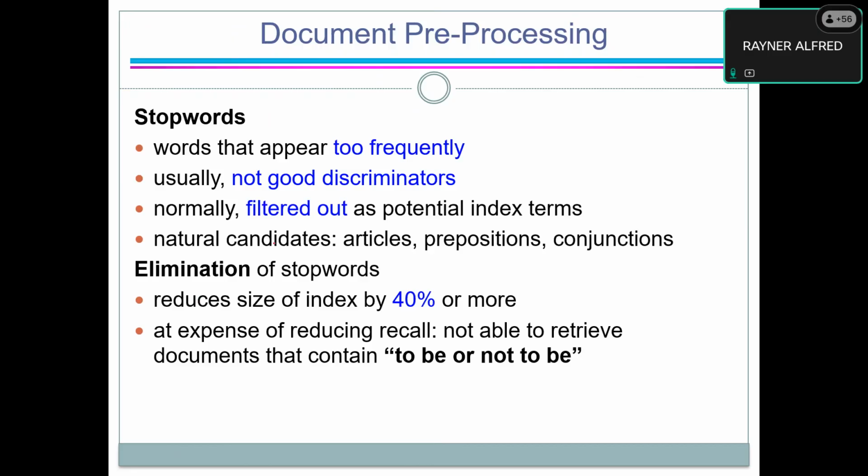This can reduce the text by up to 40% or more. For this one, we are not able to retrieve documents that contain it, because all of these are stop words, too frequent, so we eliminate them from the vocabulary.